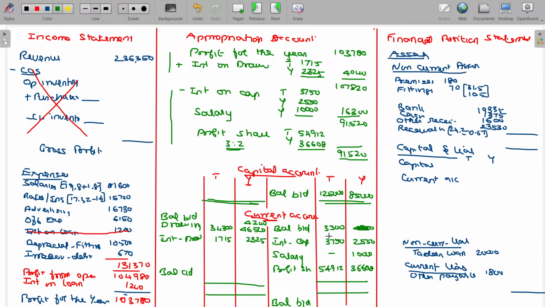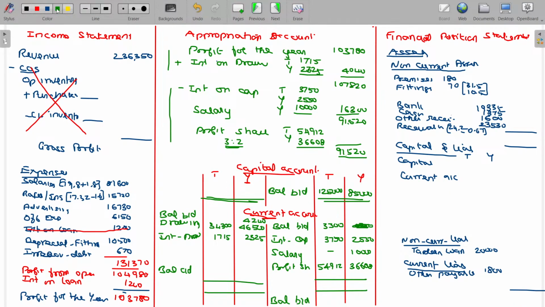Now if I tally this for T, the total being 61,962, balance carried on being 25,947. In case of Y, the balance in the debit side is higher, so 53,065.